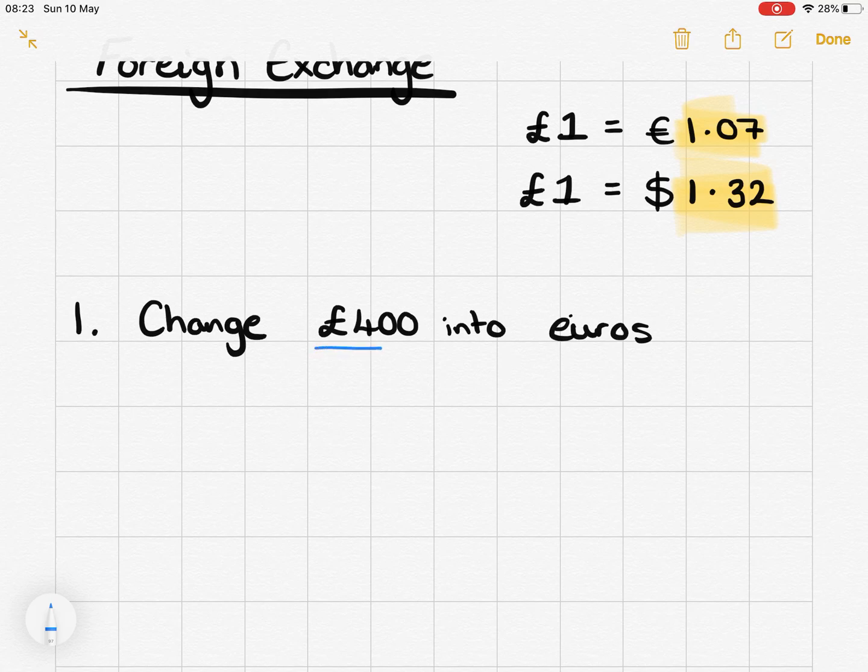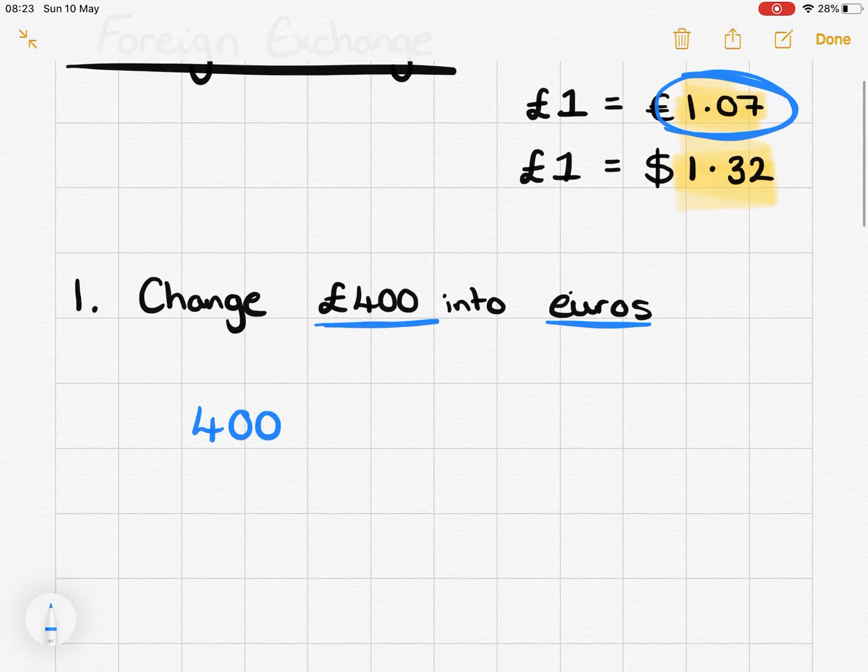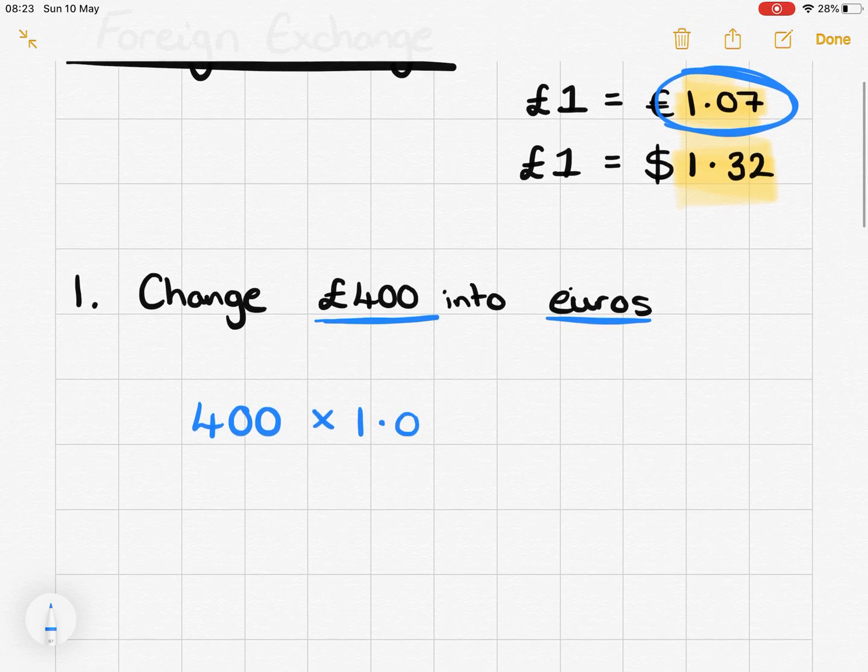If I want to change £400 into euros, then I take £400 and multiply it by the exchange rate that I need. It's euros, so this number here is what I'm going to multiply by. 400 multiplied by 1.07 equals, and I'm changing it into euros, so I put my euro symbol in, and then all you need to do is put it into your calculator.